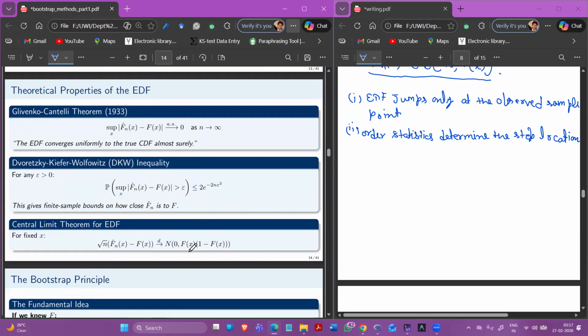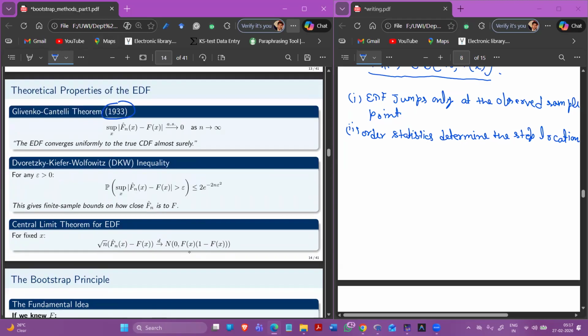So now here we have some theoretical properties of the empirical distribution function. The first one is the Glivenko-Cantelli theorem, which was given in 1933.